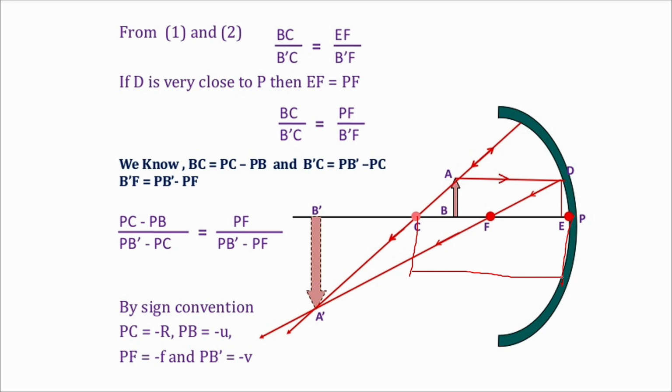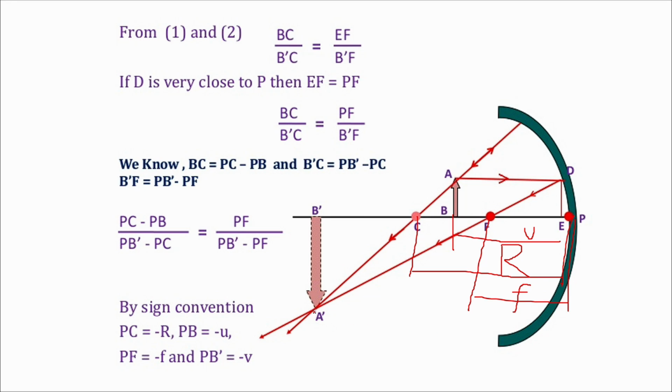This is R, means radius of curvature. PB means this one. U means object distance. PF means what? This one. This is focal length.